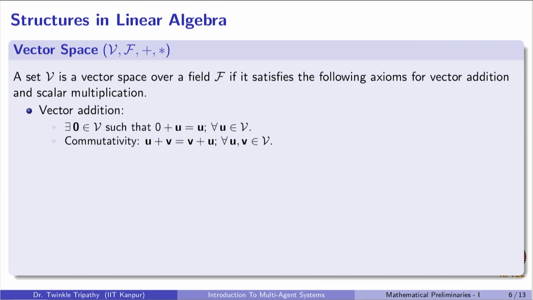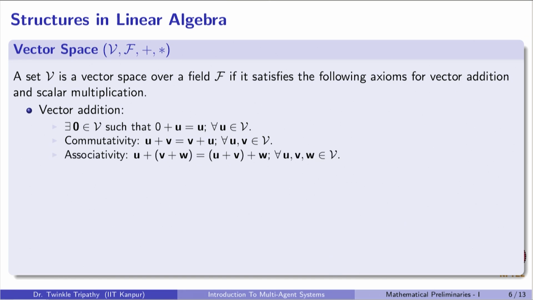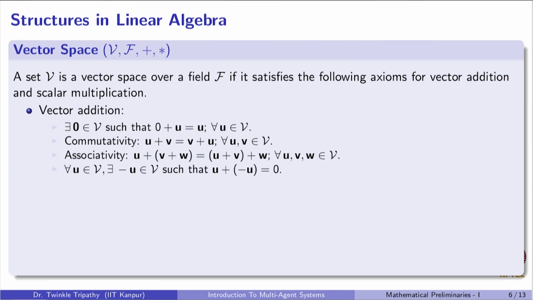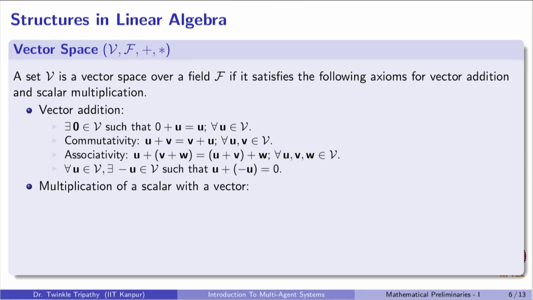The second property is the commutativity of addition, meaning u plus v is equal to v plus u. Then we have the associativity property, and we also have the additive inverse. What does the additive inverse do? As before, let us say we take an element u and add it with its additive inverse, we must get back the additive identity.